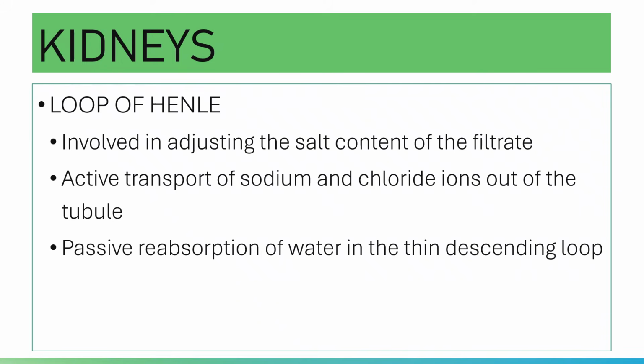The loop of Henle and the surrounding interstitial connective tissue are involved in further adjusting the salt content of the filtrate. The cuboidal cells of the thick ascending limb of the loop of Henle actively transport sodium and chloride out of the tubule, meaning it goes out into the interstitium.